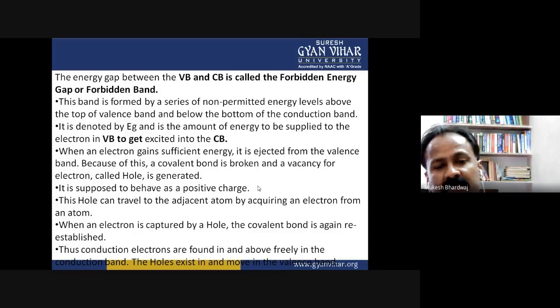When an electron is captured by a hole, the covalent bond is re-established. The conduction electrons are found freely in and above the conduction band. The hole exists in and moves in the valence band.